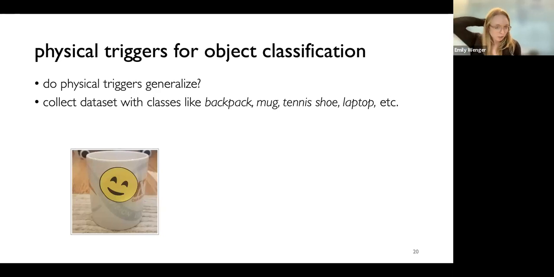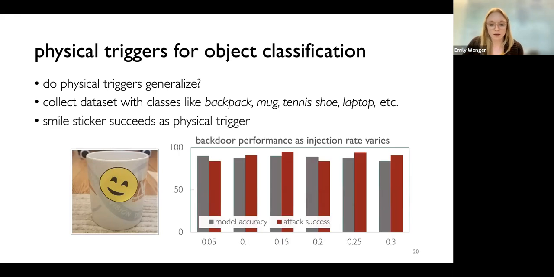So we did this small secondary data collection project where we took pictures of different objects like backpacks, mugs, tennis shoes, laptops, and we used this happy little smile emoji as our trigger instead of the sunglasses. We found that even when the smile sticker was present on these different objects, it was still a highly effective backdoor trigger.